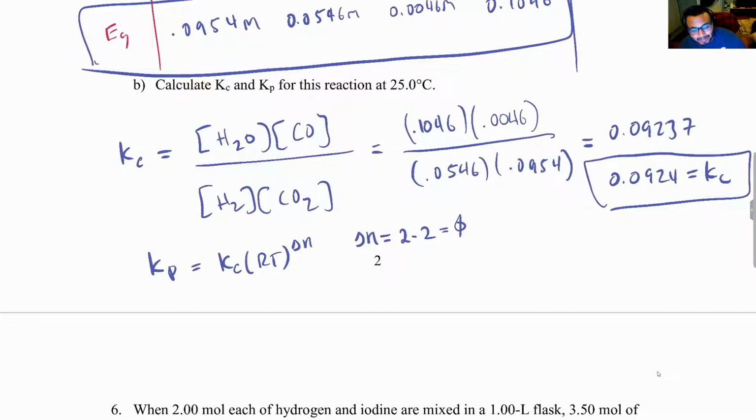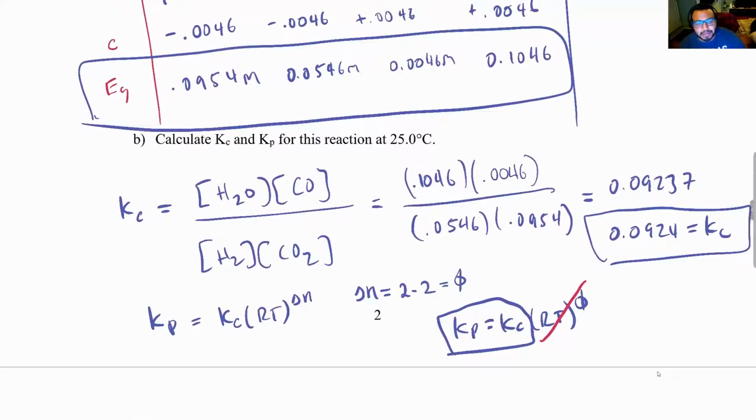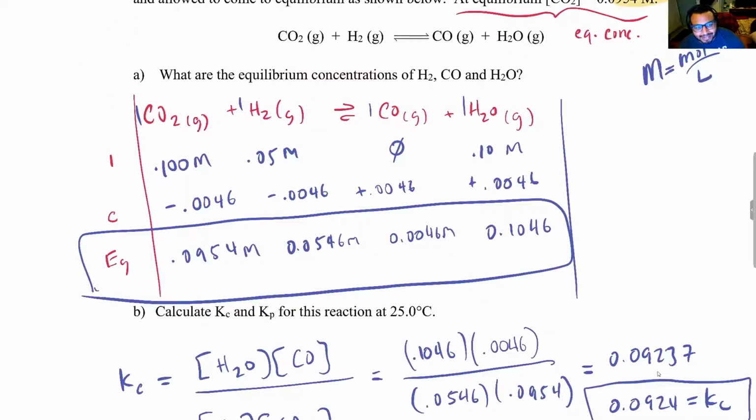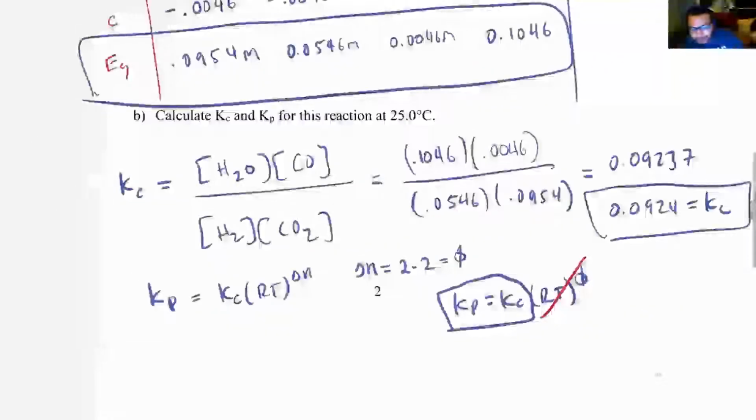Therefore, our Kp is equal to Kc RT to the 0 power, and you need to know that any number raised to the 0 power is equal to 1. Therefore, our Kp is equal to our Kc. Alrighty, so our delta N was equal to 0 because we had the same amount of moles on the products and the reactants. So this is a special case where your Kp is equal to your Kc.